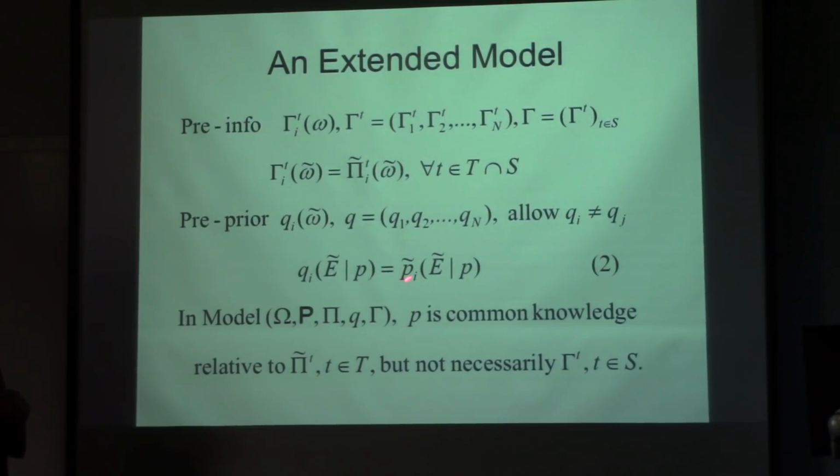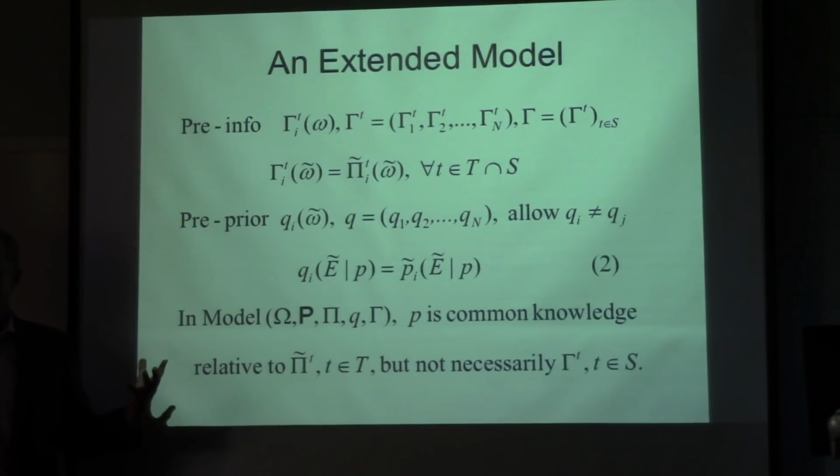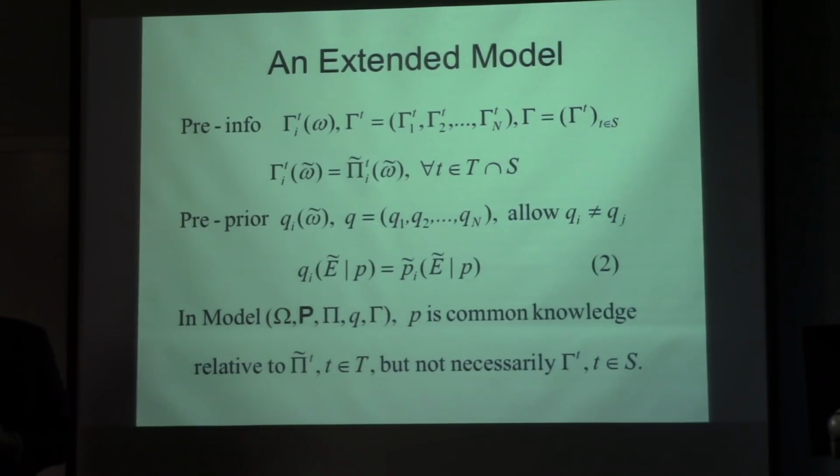In the last equation that mattered, we had this p tilde, which was the projection of their prior into this larger space. And now I'm going to say, when they have their pre-prior and they condition it on knowing what their prior is and what everybody else's prior is, then it agrees. So they have this pre-prior, they update on learning what their and everybody's priors are, and then at that point, they have their ordinary prior.